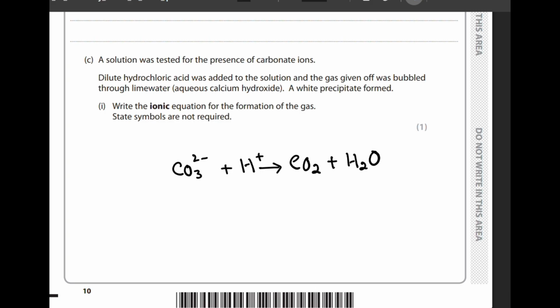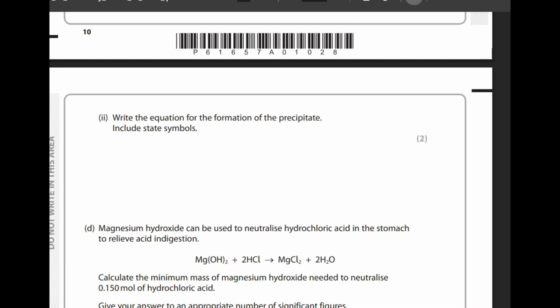Now, when hydrochloric acid was added to the solution, the gas given off was bubbled through lime water. The gas given off is carbon dioxide, and when we pass this gas through lime water, aqueous calcium hydroxide, a white precipitate forms. Write the equation for the formation of the precipitate. What is lime water?